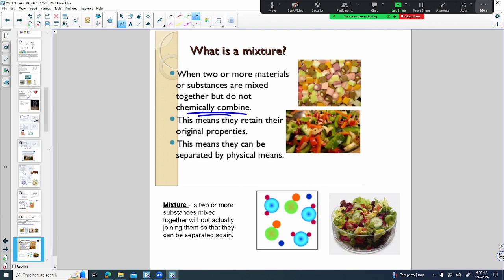This means that they retain their original properties, and it also means that you can still separate them by physical means. Just like the salad. Okay, you can still pick out the different parts. So mixture: two or more substances mixed together without actually joining them, so that they can be separated again.